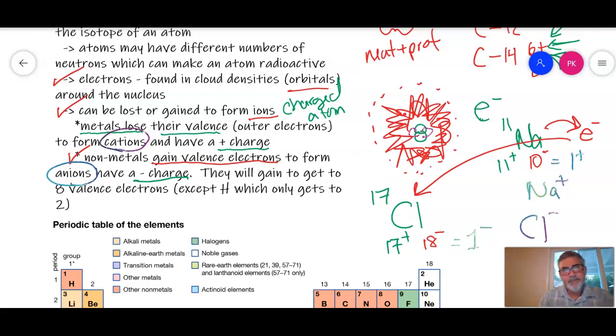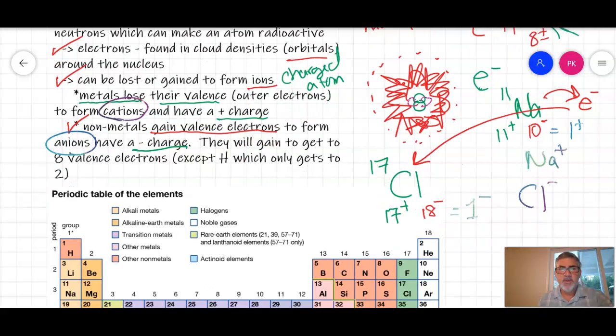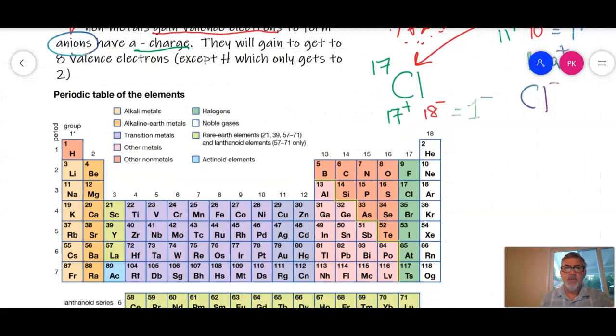Okay, so you don't have to be an expert at this, but we need to talk about this because the body uses these charged ions to communicate between cells. So it's going to be important. If you remember, I told you before, we have this break here. It just comes out that way. All my metals were this way, and all my nonmetals were that way.